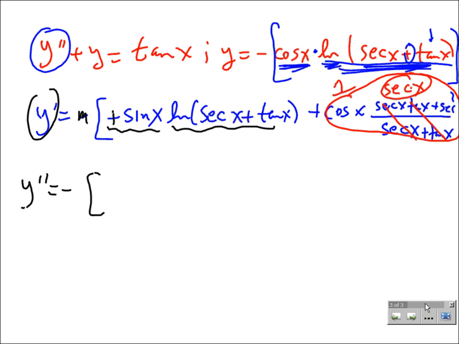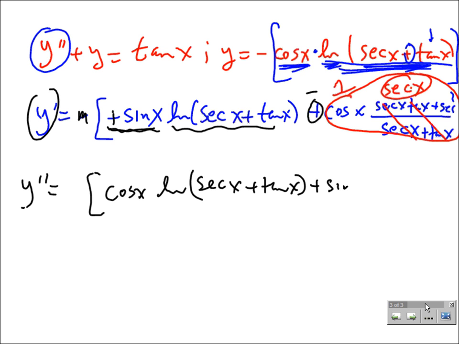So this will become plus, and that'll become minus. Okay? The derivative of sine x is cosine x times the second function. Product rule. Plus the first function times the derivative of the second function.